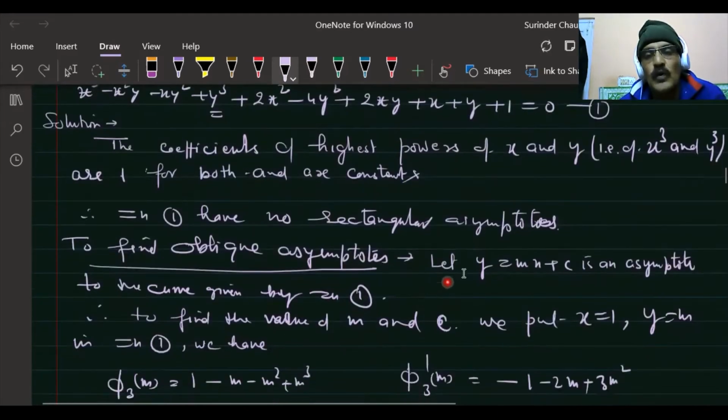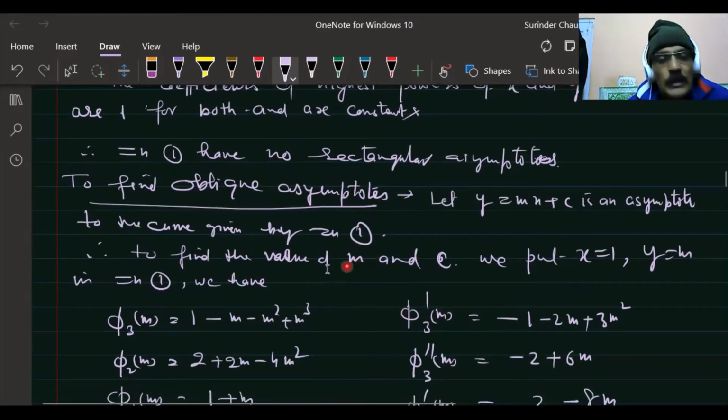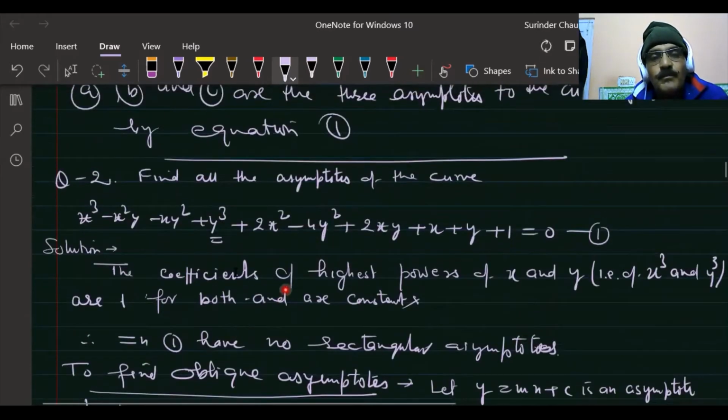Let y equal to mx plus c be an oblique asymptote to the given curve. In order to find the values of m and c, we put x equal to 1 and y equal to m in the different degree terms of f of xy. In the third degree term, we get phi 3 of m equal to 1 minus m minus m square plus m cube.